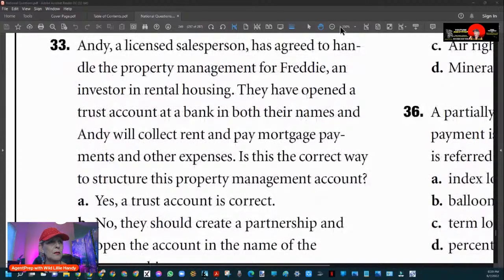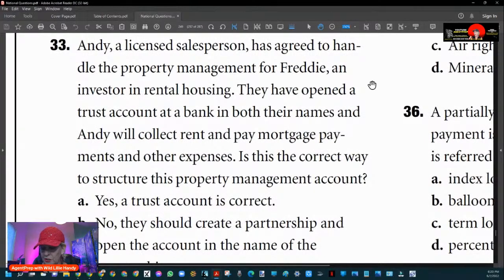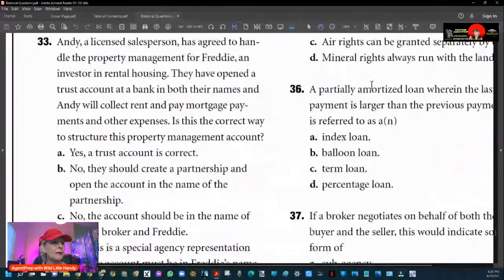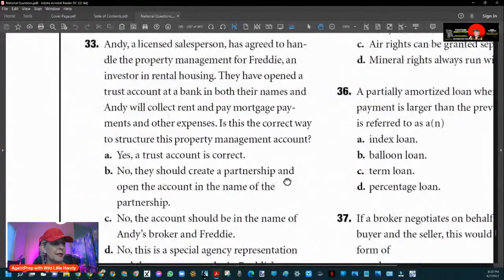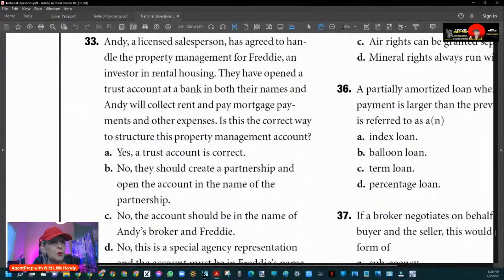Oh, another long one. Remember that some of these questions, you can click them for review and come back to them later if you're not one that likes to read, like I didn't used to, or it takes you too long. I do all the easy ones first and then come back to the other ones.